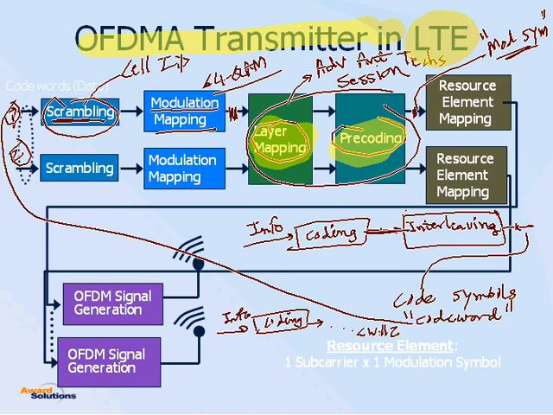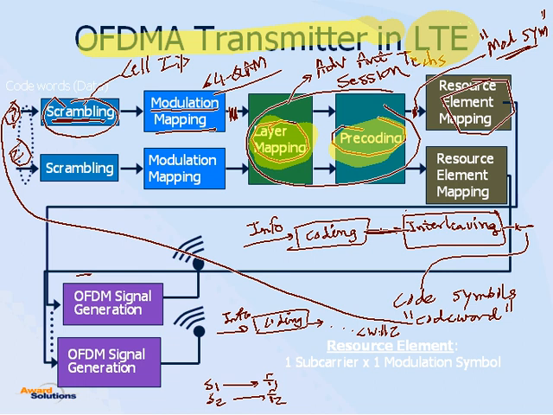One resource element basically has one subcarrier and one modulation symbol. So if I have, let's say, symbol 1, maybe I will put that on subcarrier 1, symbol 2, I'll put that on another resource element, another subcarrier, and so on. So that's what we are doing here.